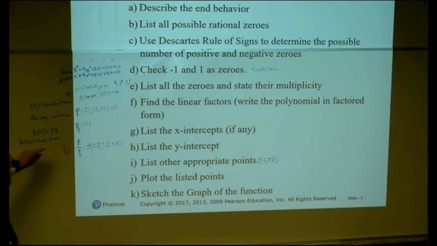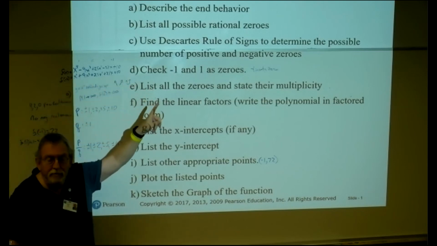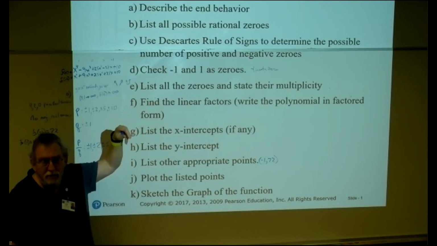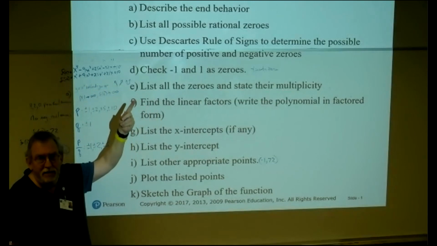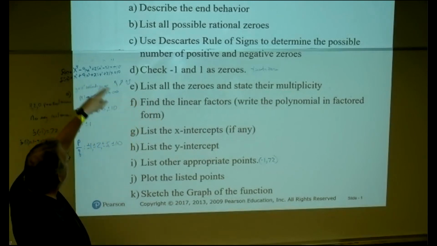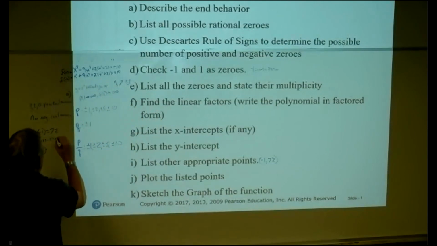If I put 1 in for x, all I'll get is the coefficients, because x to the 4th is 1 and 1 times 1. X to the 3rd is 1, -9 times 1 is -9. On down the line. So I don't even need to worry about what it is. I know what it is. Boy, this is a 10.